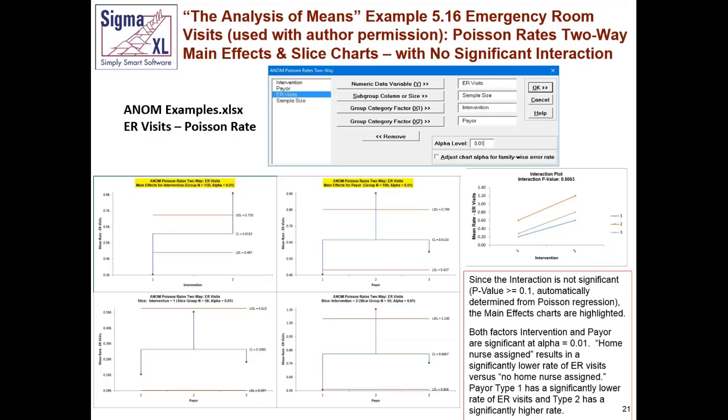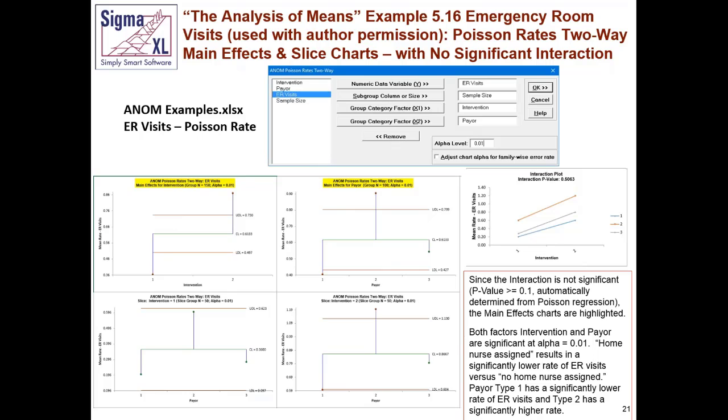Here's the ER visits data, Poisson rate, and in this case, the interaction is not significant. That interaction was based on Poisson regression, and therefore, since the interaction is not significant, the main effects plots are being highlighted.